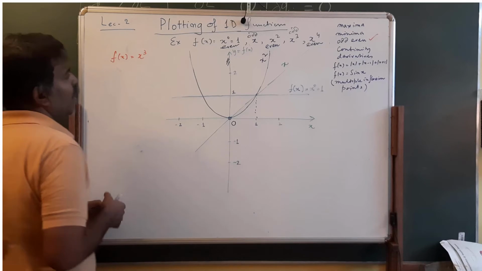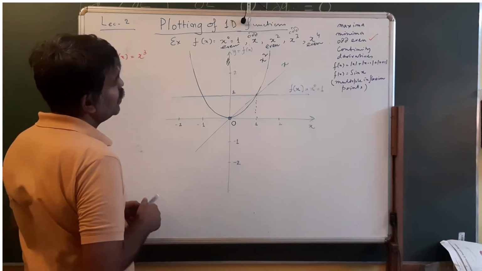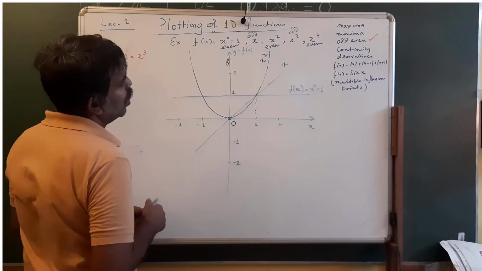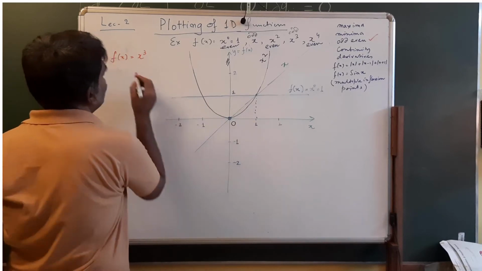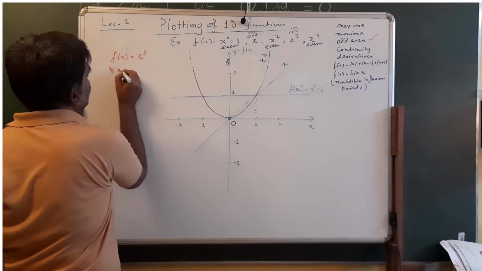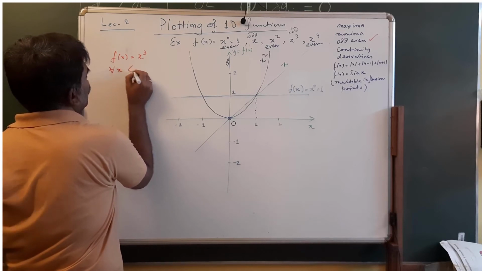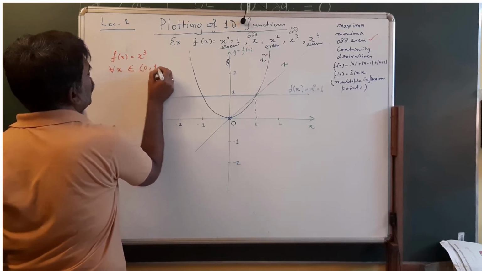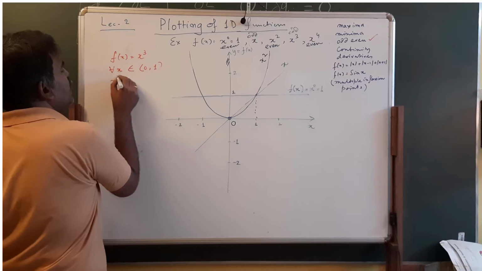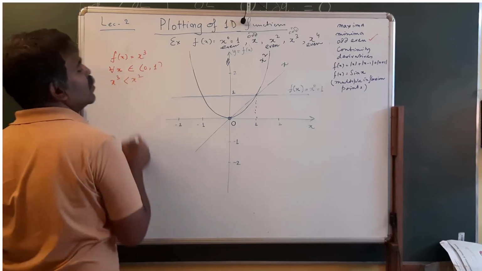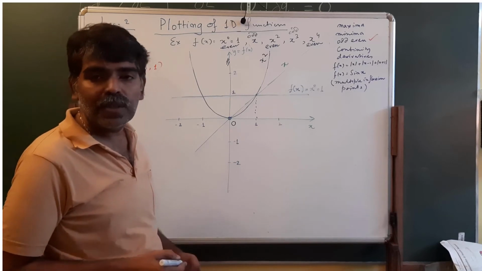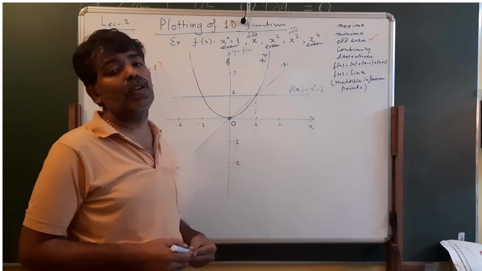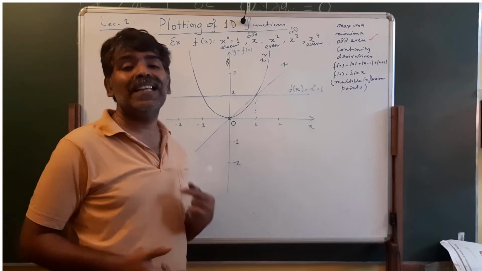Okay, f(x) equals x cube. Now see, for all x belonging to the open interval 0 and 1, x cube is less than x squared. Naturally, because take the example: half cubed is 1/8, half squared is 1/4, so 1/8 is less than 1/4.